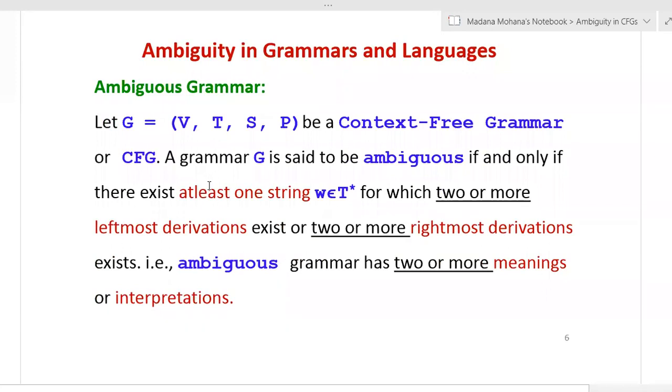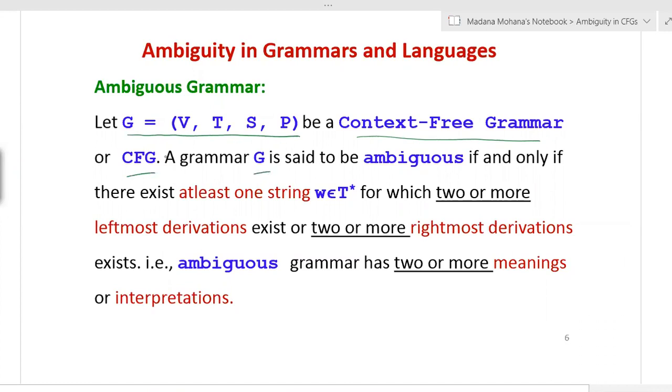So coming to the definition of ambiguous grammar. How can you say a grammar is ambiguous? Here we will consider a context-free grammar only. Let G equal to (V, T, S, P) be a context-free grammar, abbreviated as CFG.